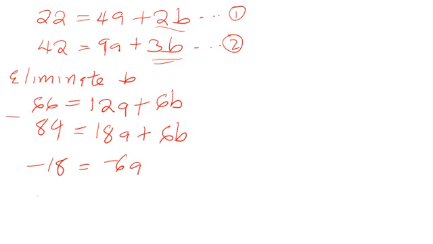So we divide both sides by minus 6a: minus 18 divided by minus 6. What we have? We have a as 3.